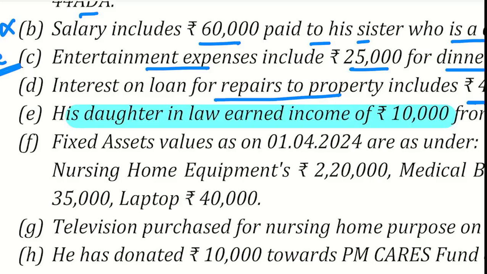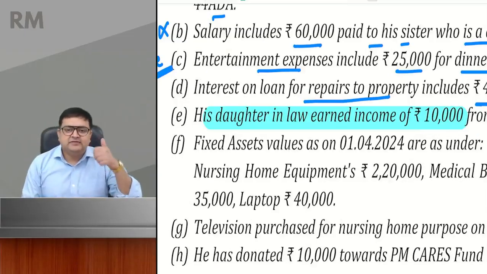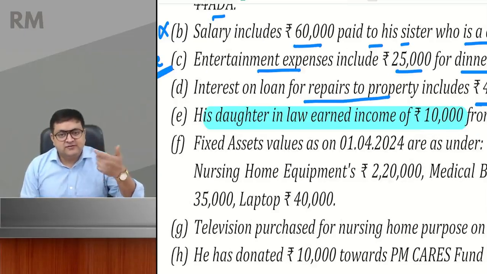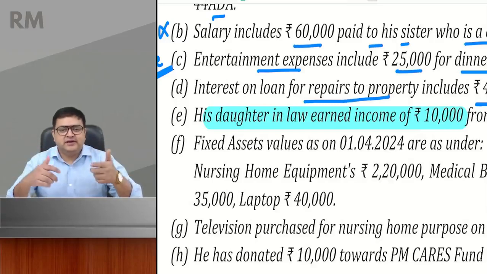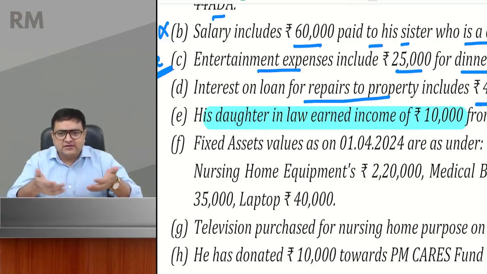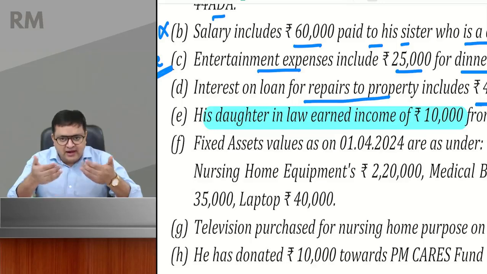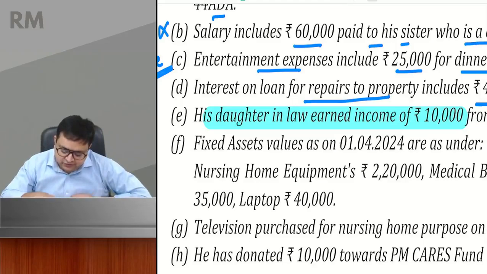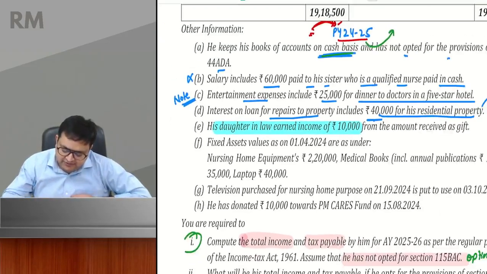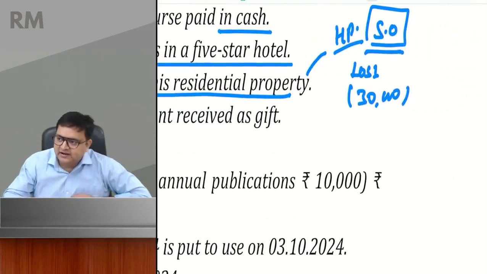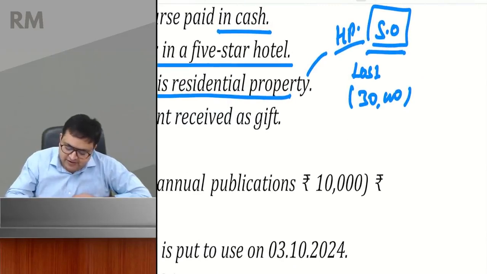Very, very good. So we understand that for any asset transferred to spouse or son's wife, if there is any income coming from it, that income will be clubbed. So there is a clubbing of income provision over here. Everybody is okay with it.